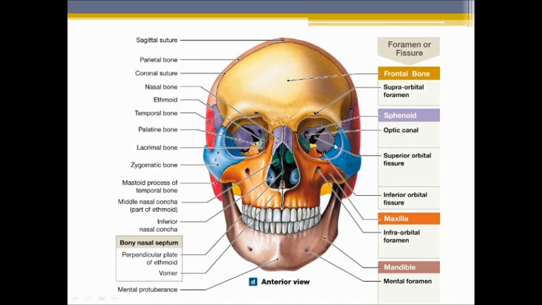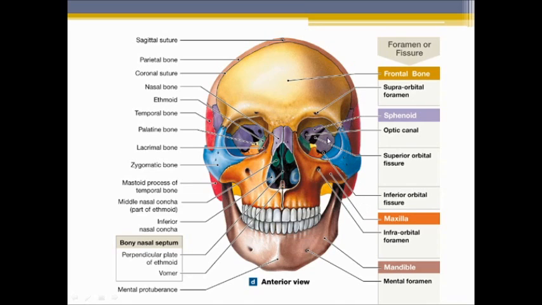From the anterior view looking into the orbit, you can also see the sphenoid, which is on either side of the superior orbital fissure, this larger hole through the middle. The more circular hole medial to that is the optic canal where the optic nerve travels.